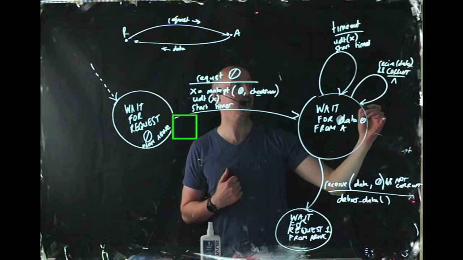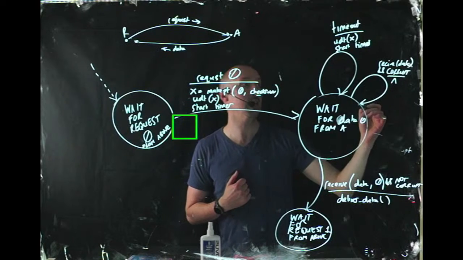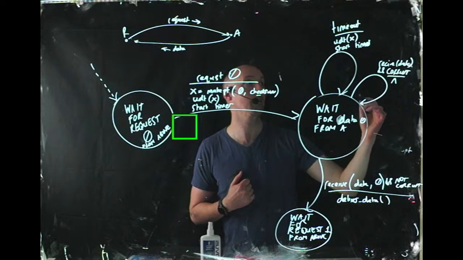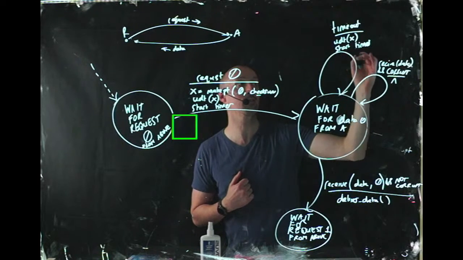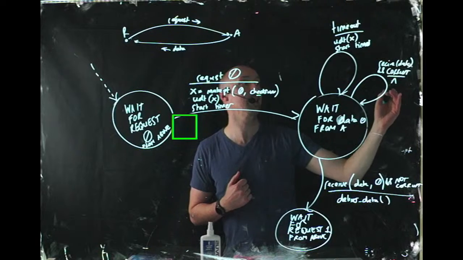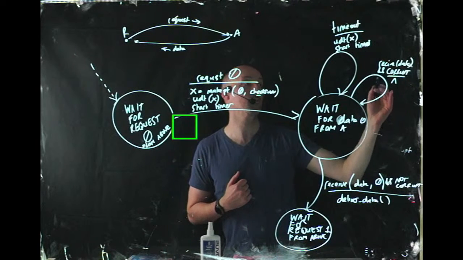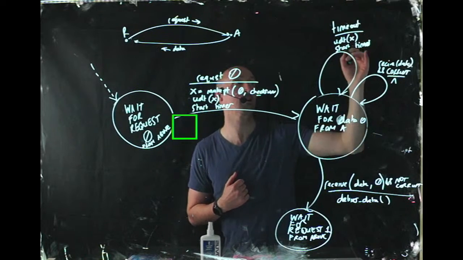What will happen in this case is eventually the timeout will occur, and then you'll resend the request. So you don't need to write that down again here. If you receive something that's corrupt, just do nothing and let the timeout take care of it.